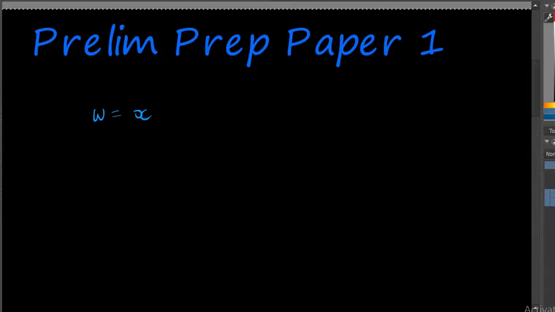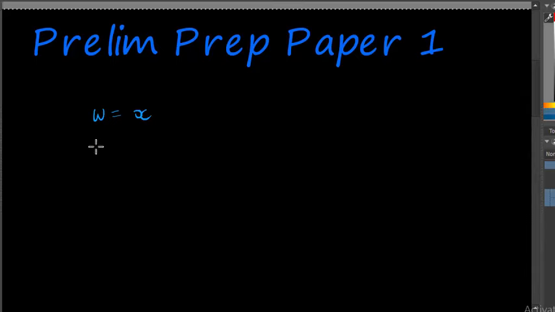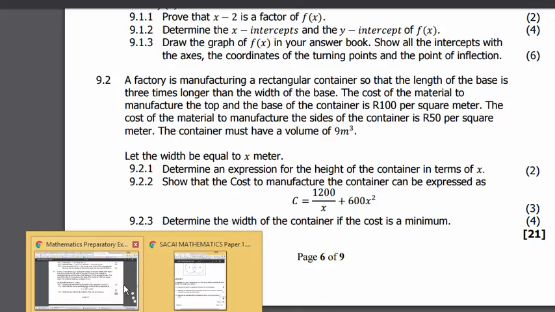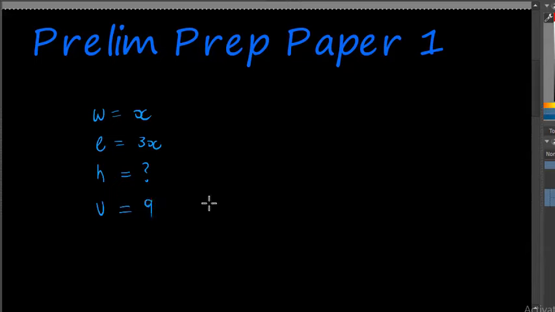They say the length of the base is 3 times longer than the width, so the length is equal to 3x. And then the height, we don't know what the height is, but we know the volume has to be 9 cubic meters, so 9.